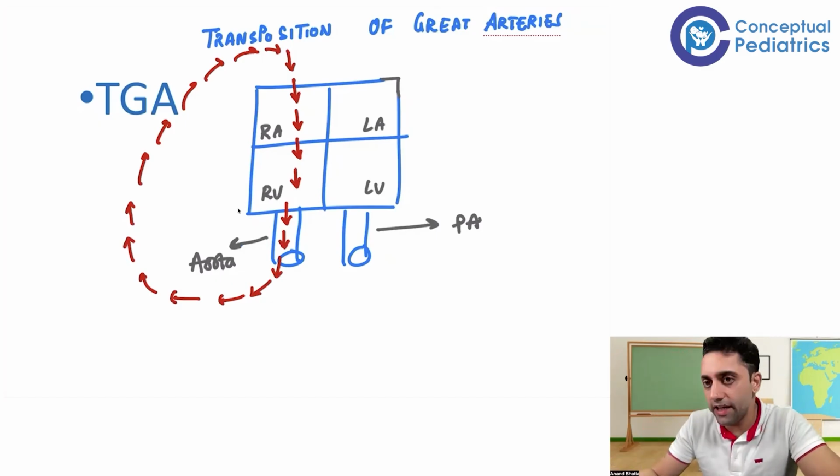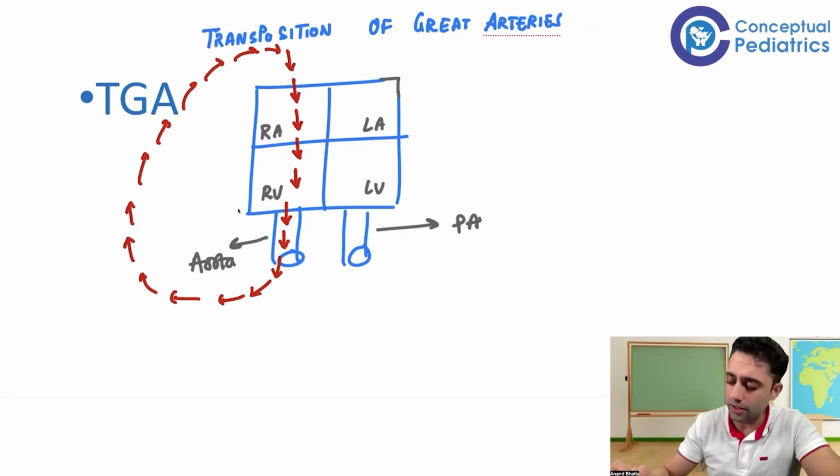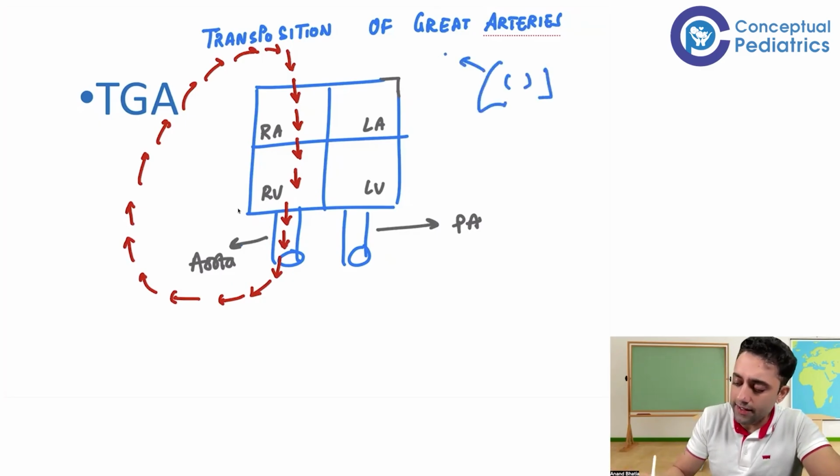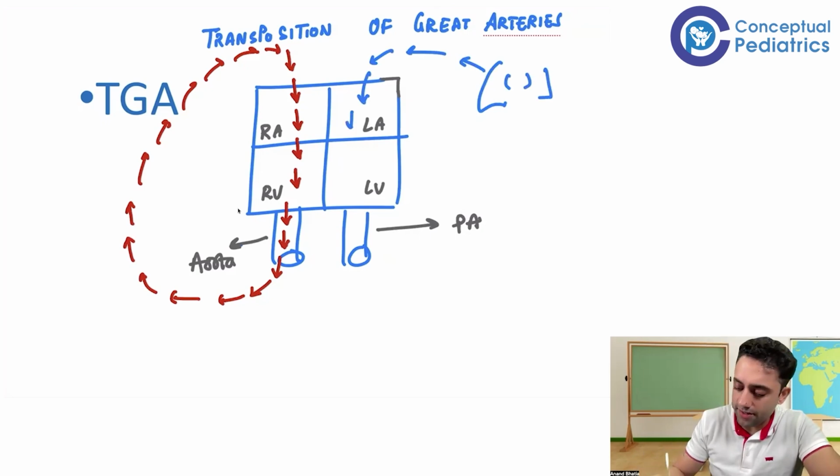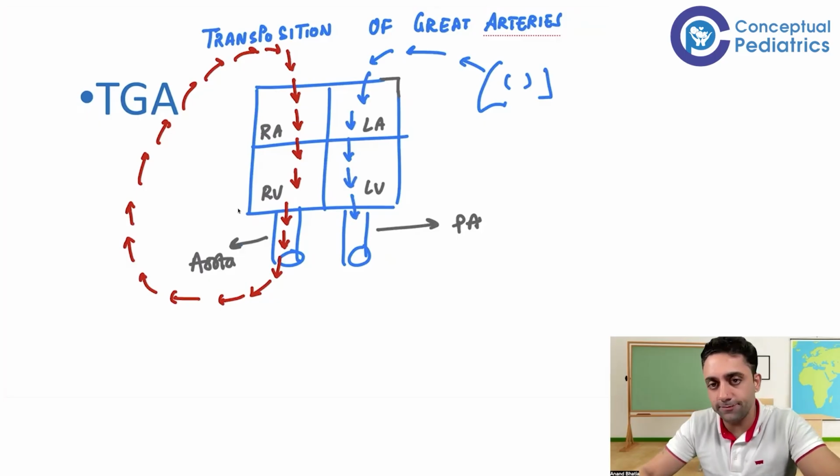Whereas on the left side, very importantly, we have the lungs, where the purified, happy, oxygenated blood enters the left atrium. This oxygenated blood, which enters the left atrium, enters the left ventricle.